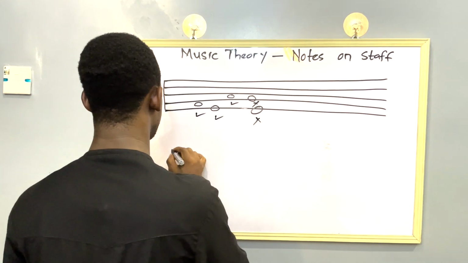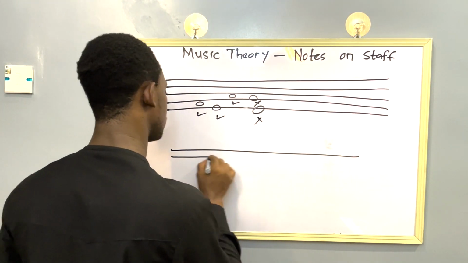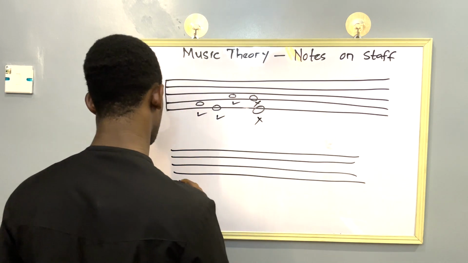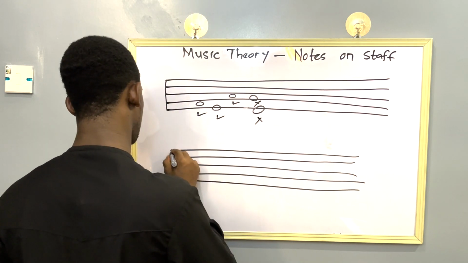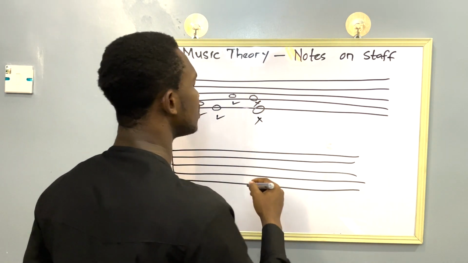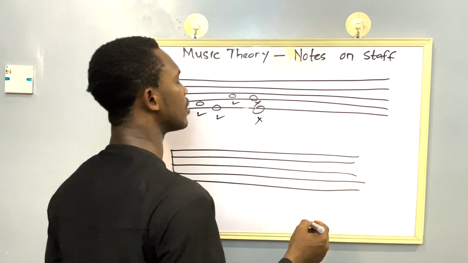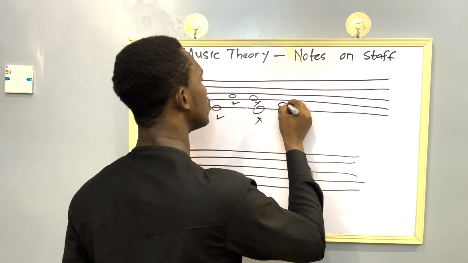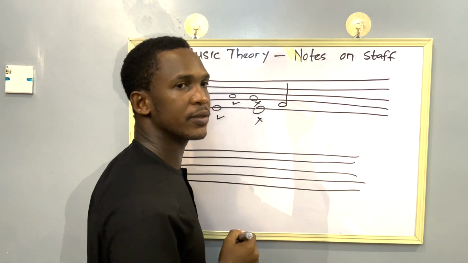And also let me quickly draw another staff so that I won't have to do that again. Okay, so continuing from this, what if we want to draw a minim? Most people make a mistake. Now this is how a minim should look.